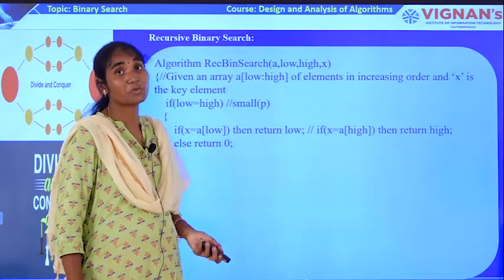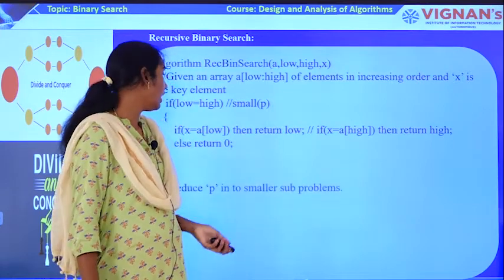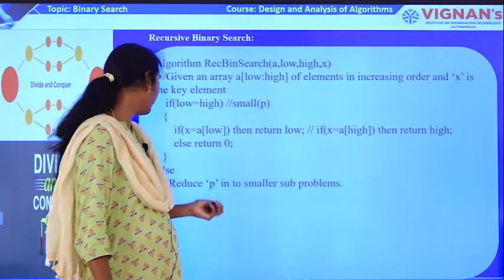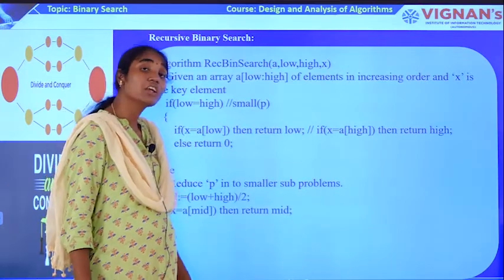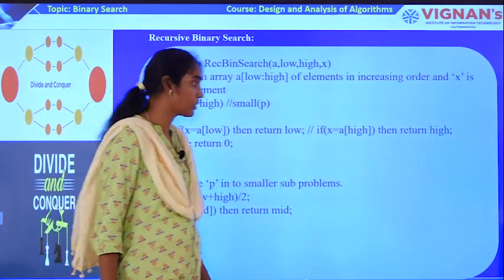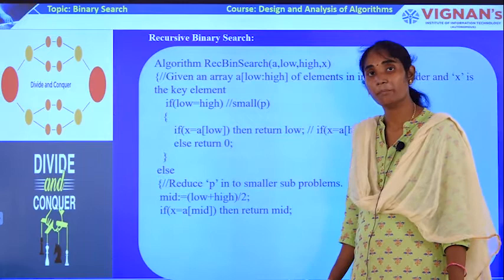Now, otherwise, which means that I have more than one element, so I need to find the mid position, that is mid is equal to low plus high by 2. Then if x is equal to a of mid, then simply return the mid position.